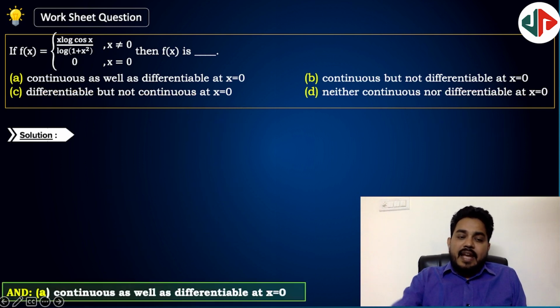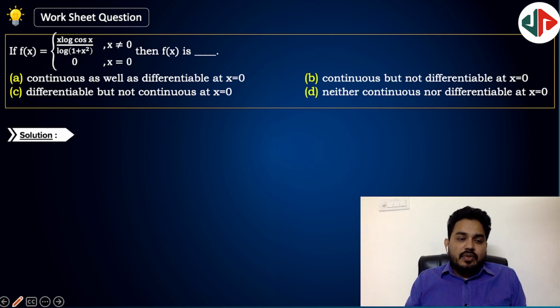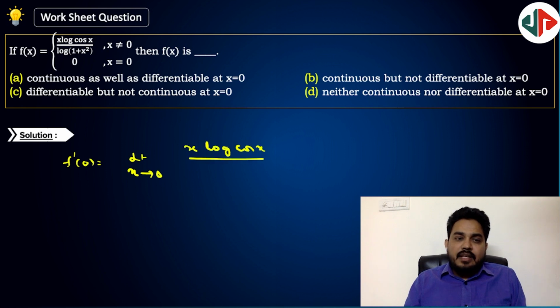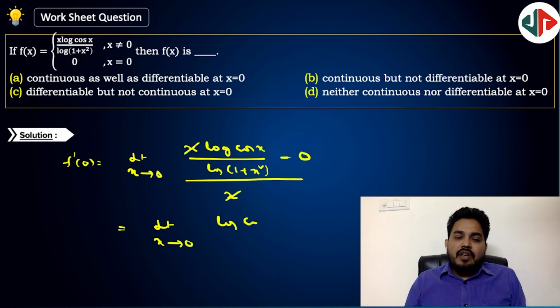So f dash of 0 is equal to limit extending to 0 of f of x, which is x log of cos x by log of 1 plus x square, minus f of 0, which is 0, by x. So x cancels.